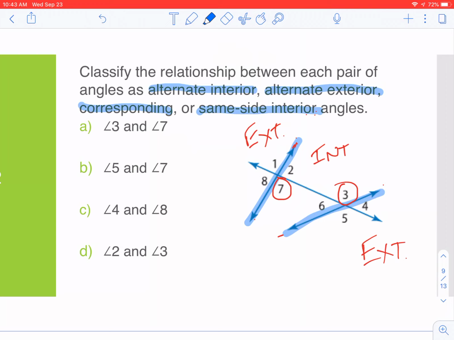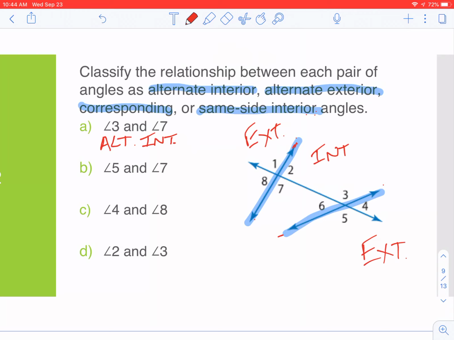We can look at these circles. Are they on the same side? No. They're on opposite sides. We can say they're alternating. So 3 and 7 are alternate, and I abbreviate all these. Alternate interior. And you guys will get really good at these hopefully down the road as we practice this.